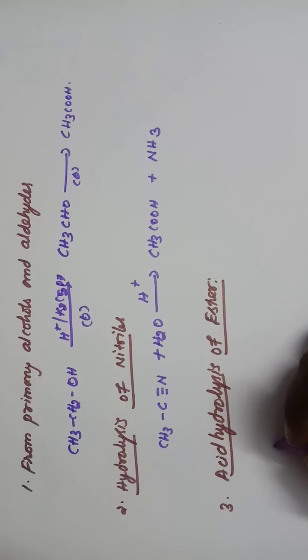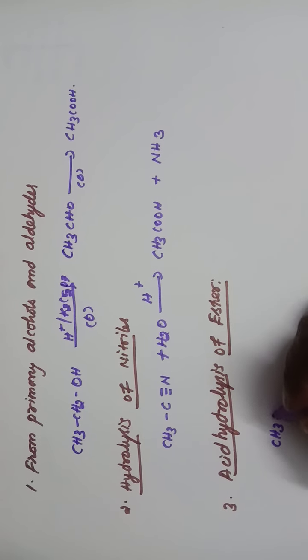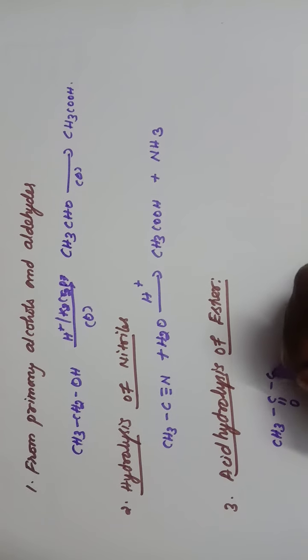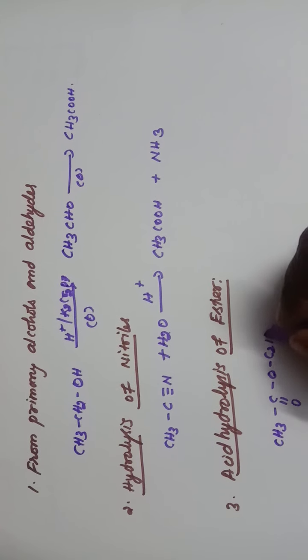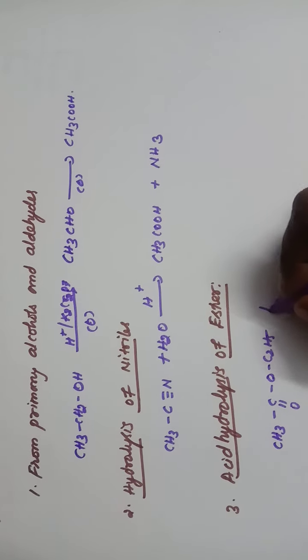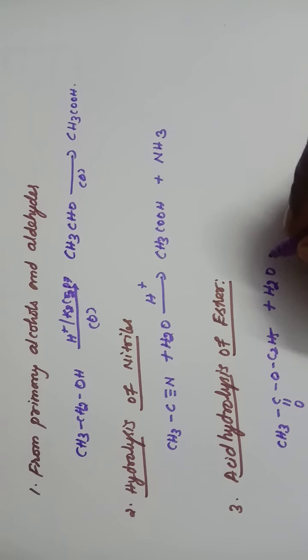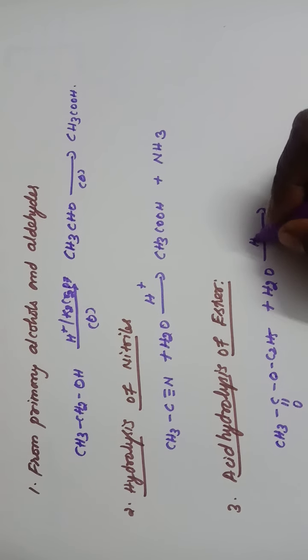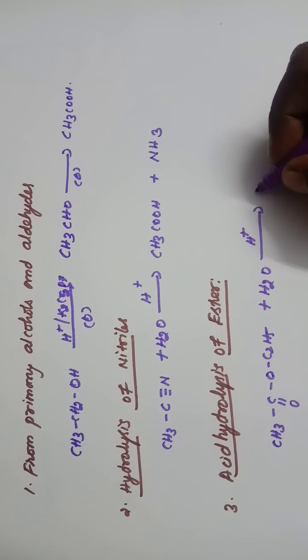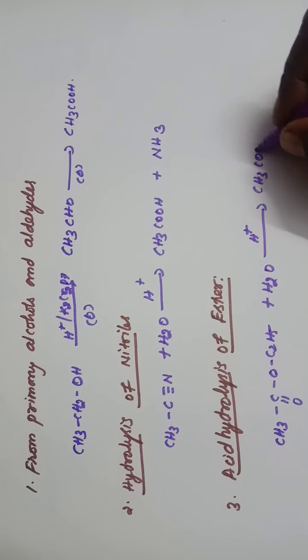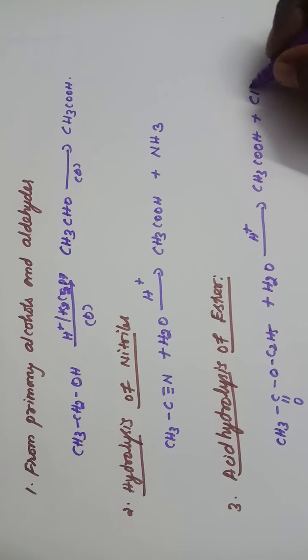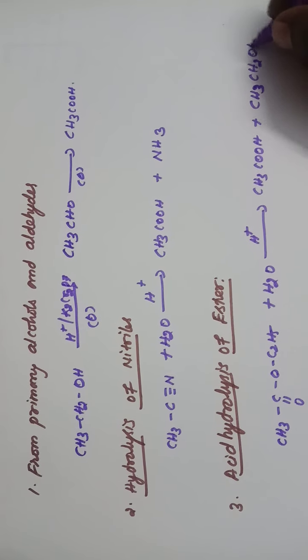For example, ethyl ethanoate, CH3 C double bond O OC2H5. Ethyl ethanoate, when it undergoes hydrolysis in presence of dilute acid, gives acetic acid, CH3COOH plus CH3CH2OH, ethyl alcohol.